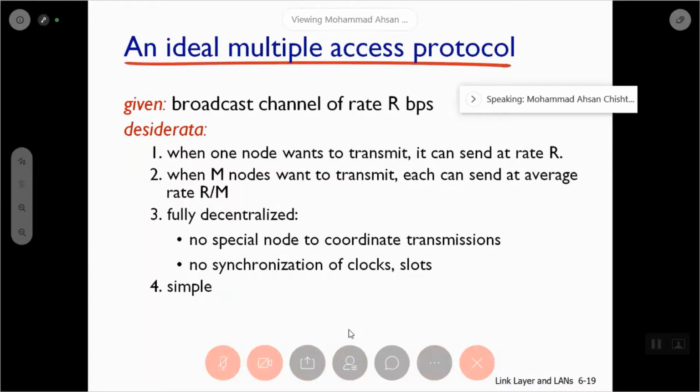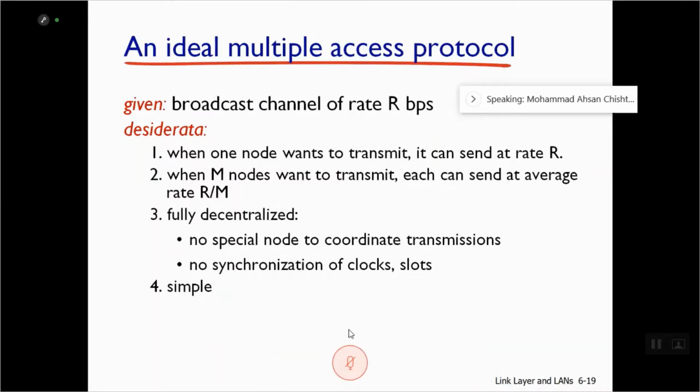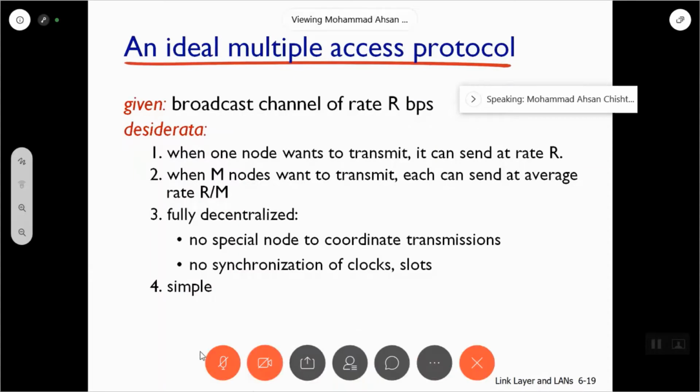This is the data rate that we can have in that channel. It should have these desirable characteristics: when only one node has data to send, that node has a throughput of R bits per second. This is the desired data rate, what we want.